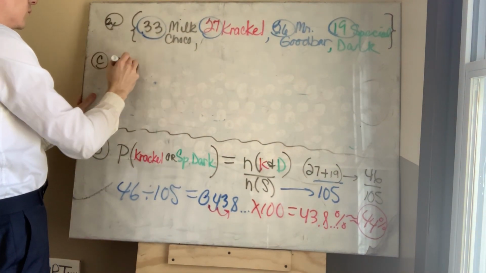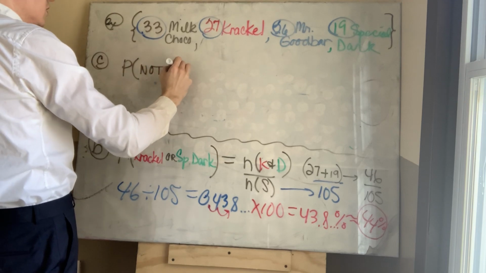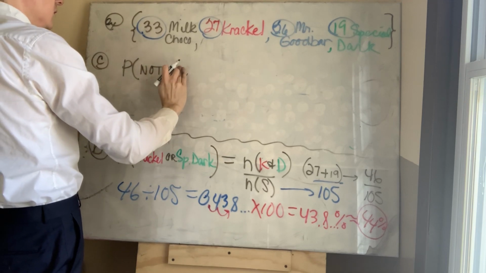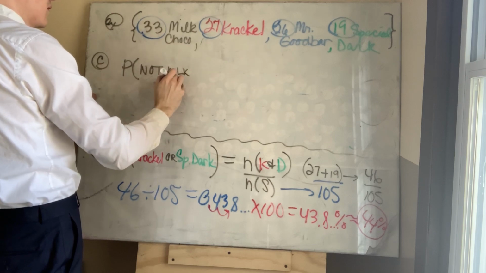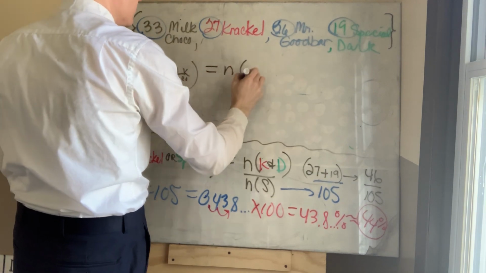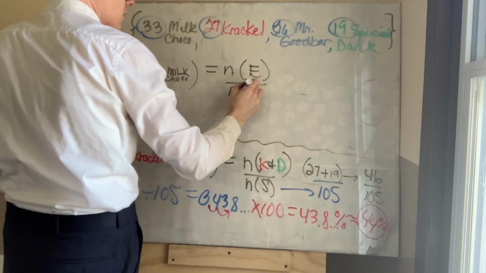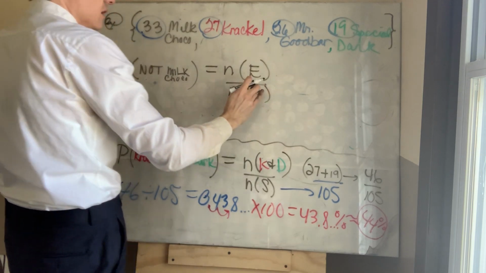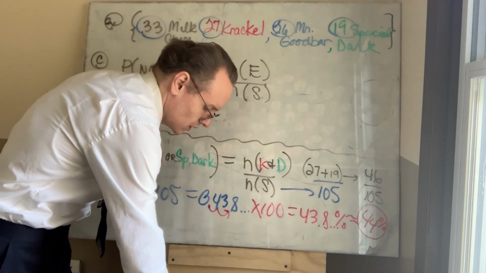C. What is the probability of not a milk chocolate? The number of the outcomes favorable to the event over the number of elements in the sample space.